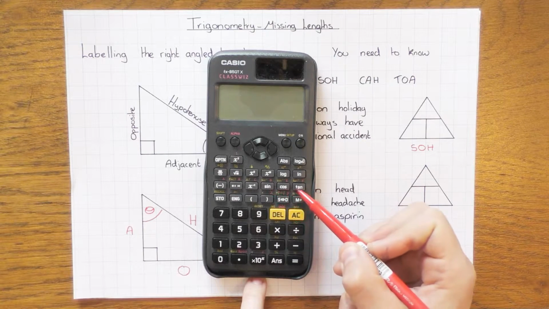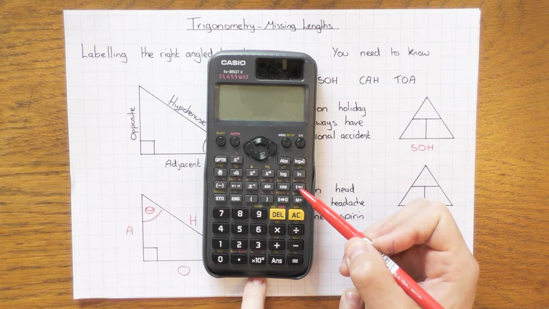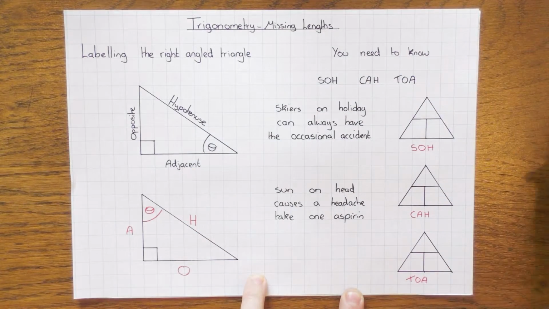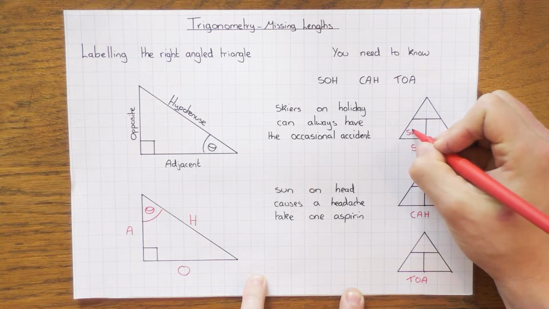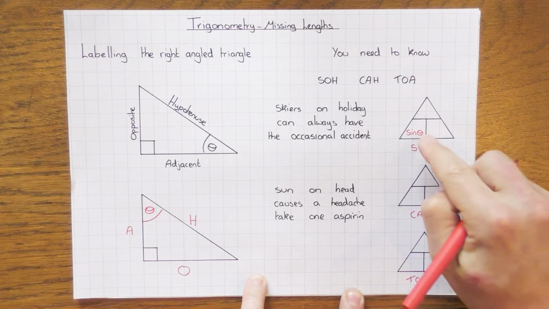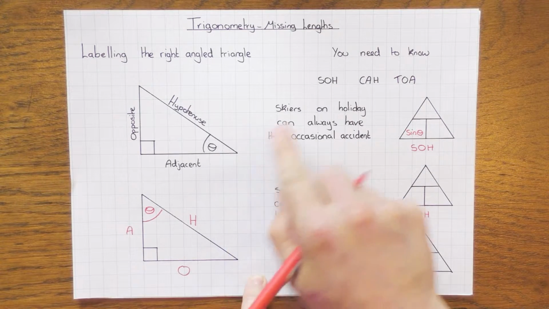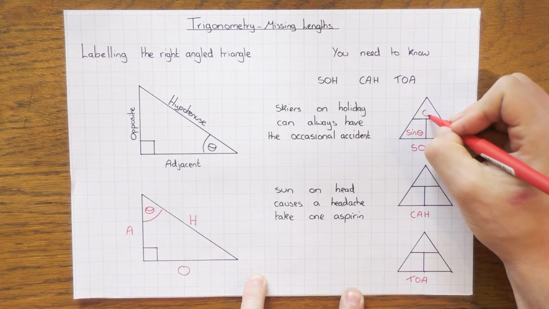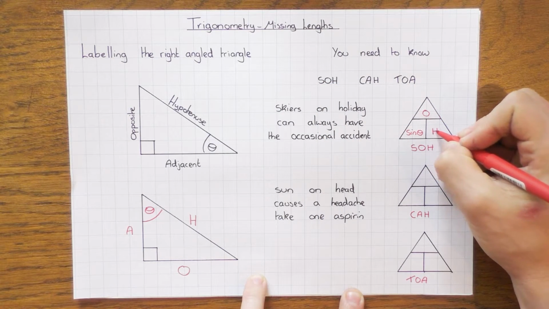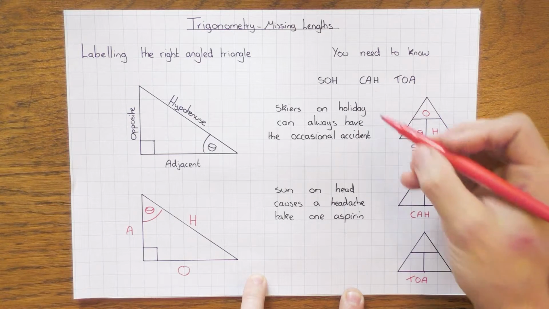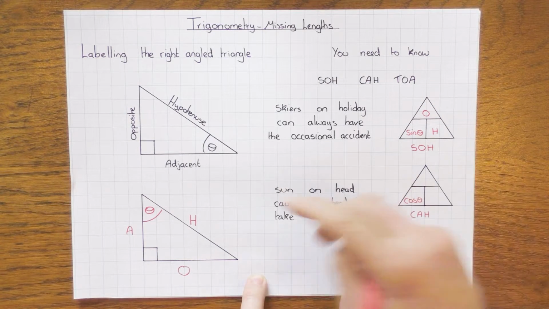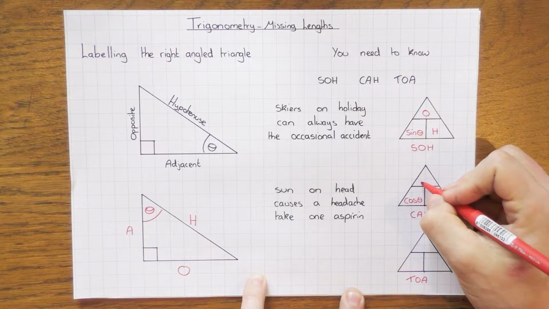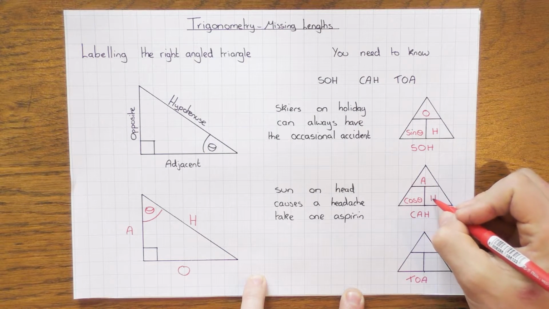These are the functions or the buttons that we're going to be using on our calculators when we're doing some trigonometry. The S stands for sine, and it's sine theta. Theta is just the angle that you use. Then we have O, which we said was the opposite, and then we have H, which is the hypotenuse. C is for cos theta, again theta is just the angle, and then we have the adjacent and the hypotenuse.